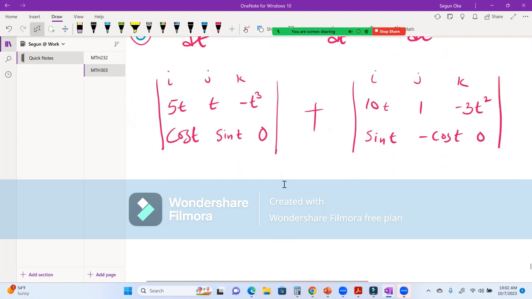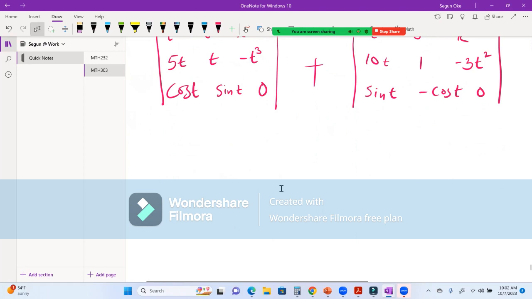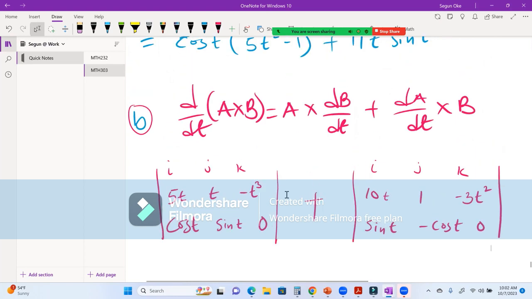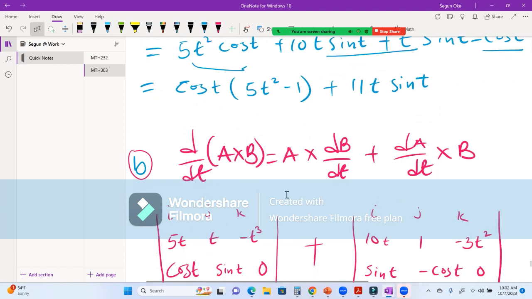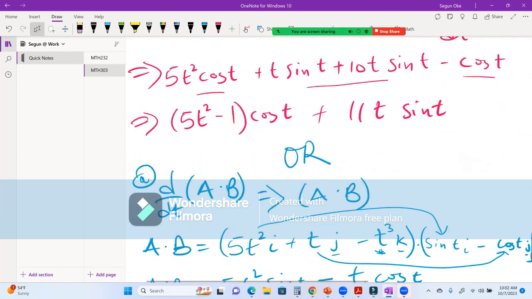So this is what they asked us to do. I will take them one by one so that you will not lose track. And then at the end of the day, you merge everything together. So okay, sir, the dB/dt is cos t i plus sin t j. Let's look at it together.